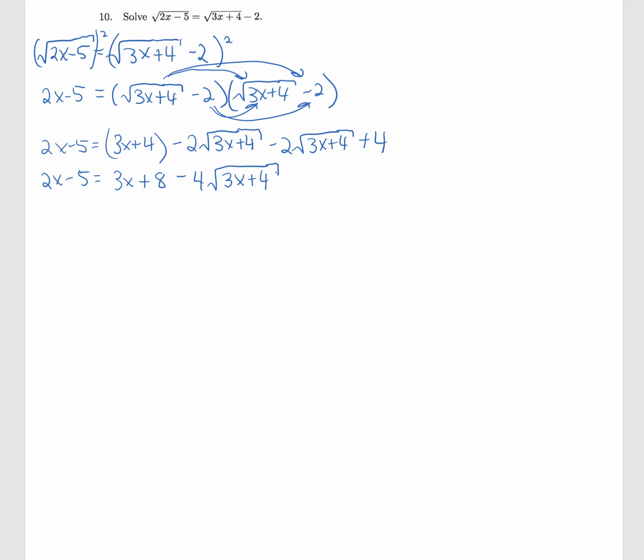Okay, so now I'm going to shuffle some things around. I'm going to move this term over to the left side by adding it to both sides of my equation. Oops, sorry, that's 4. So this is what I get on the left side of the equation.